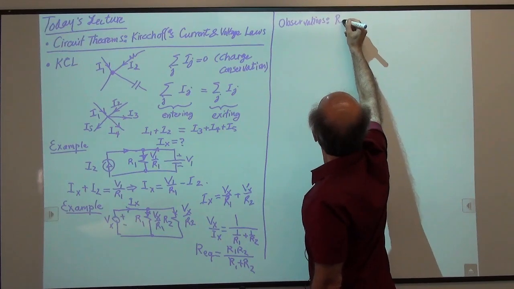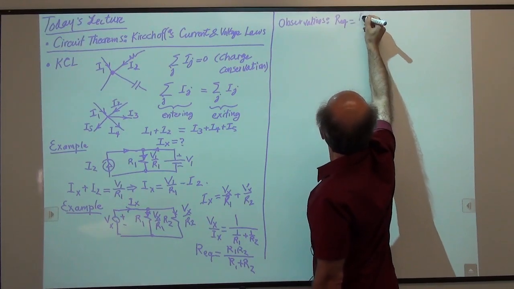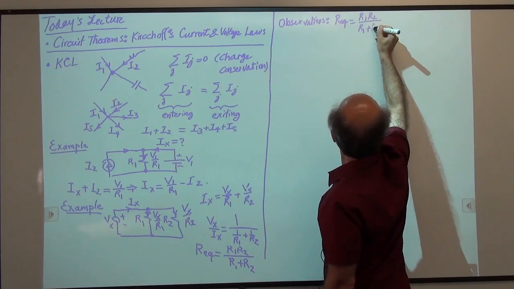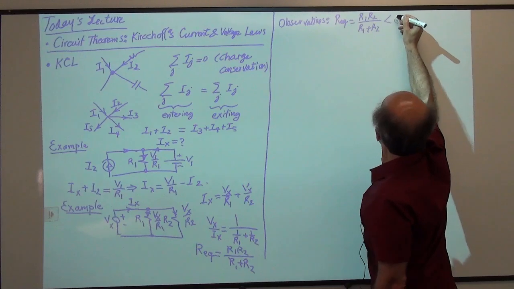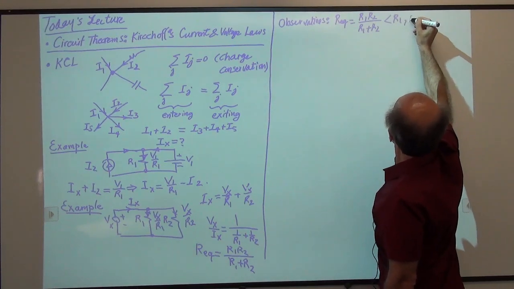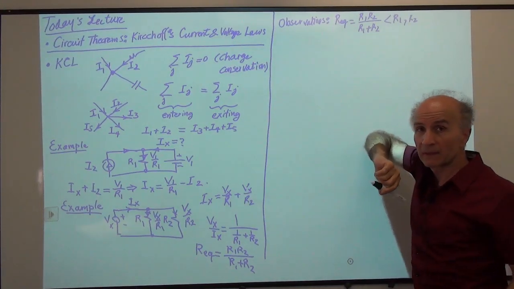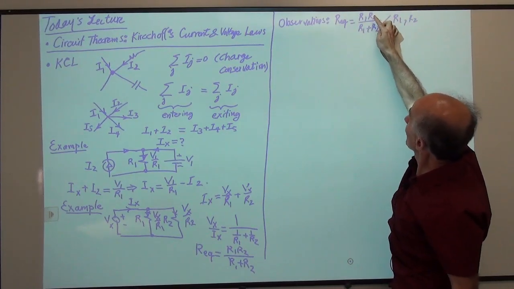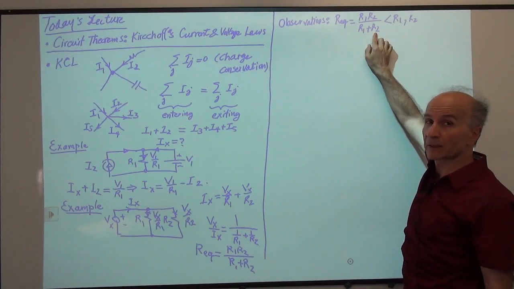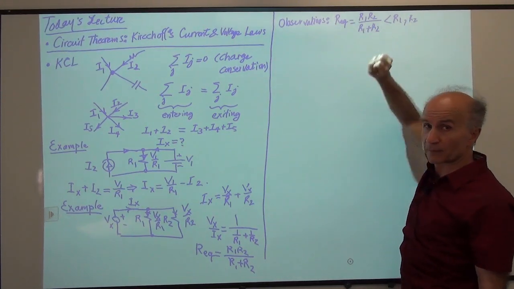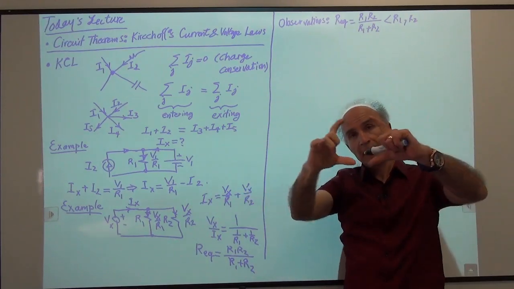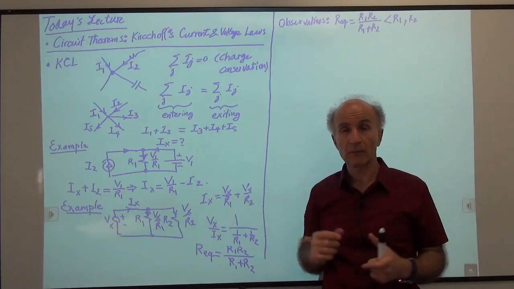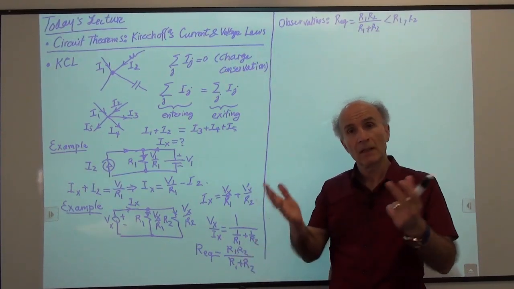So the equivalent resistance, which is R1 R2 over R1 plus R2, is always less than R1 or R2. Why is that? Well, consider this situation. If you just cross out R1, you end up with R2 over R1 plus R2, which is always less than 1. So this is always less than these two. So anytime we put two resistors in parallel, the result will be less than the original resistors. And that's something that we have to remember. Sometimes it's a good thing, sometimes it's a bad thing.